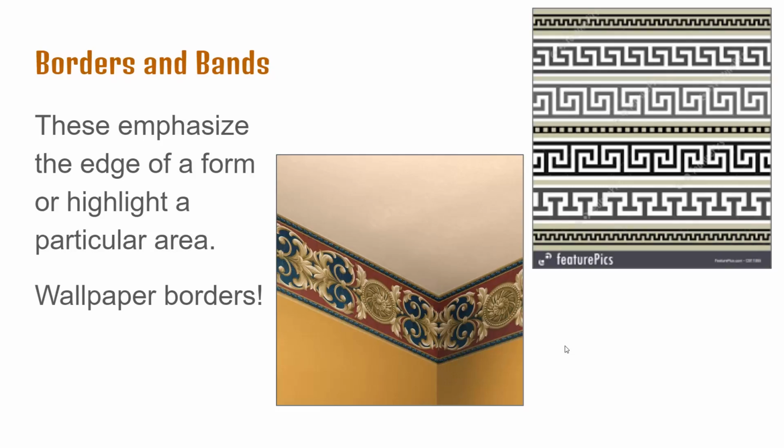Borders and bands are another form of repetition with motifs. These tend to be more linear. The world of wallpaper borders was big in the 1990s, but will often appear in forms of tiling on backsplashes, bathrooms, floors, as decorative accents to other tiled or vinyled areas.